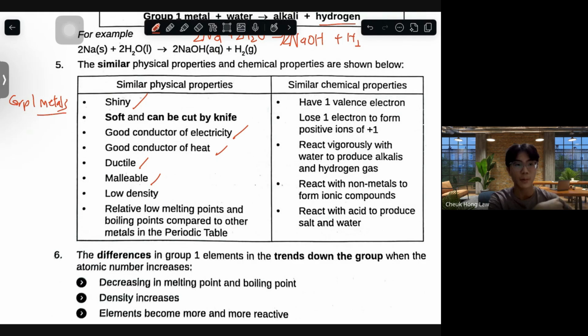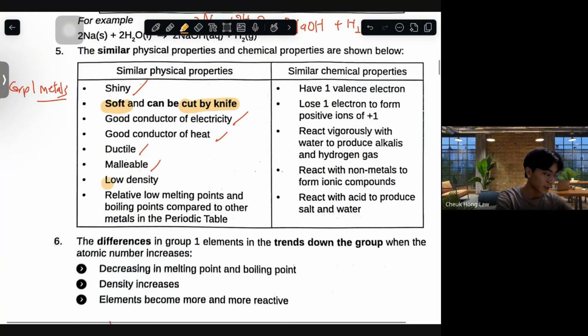So what are the special properties of group 1 metals? Listen carefully. These are the 3 properties that will differentiate your group 1 metals from other metals. Your group 1 metals are soft enough to be cut by a knife. Your sodium, lithium, all these metals are very soft. Then the next property is they have low density compared to all the other metals.